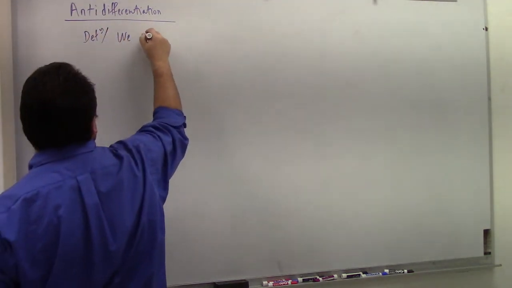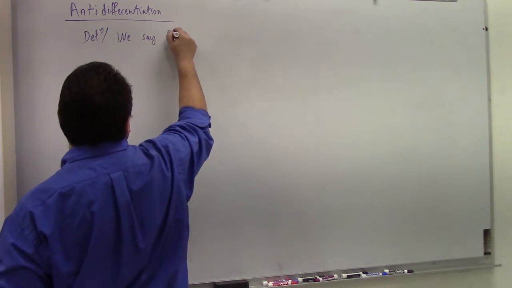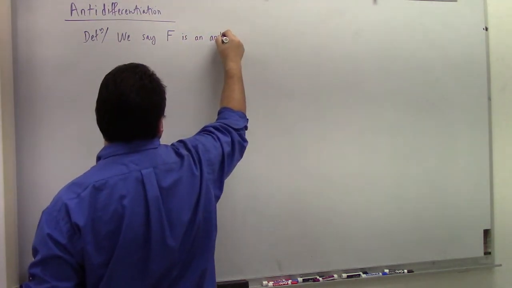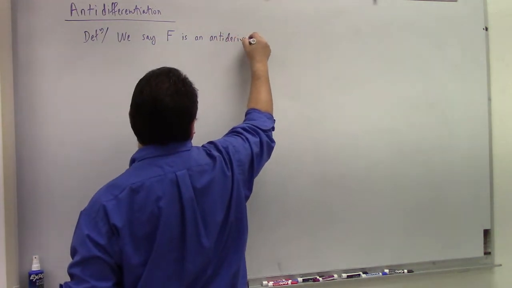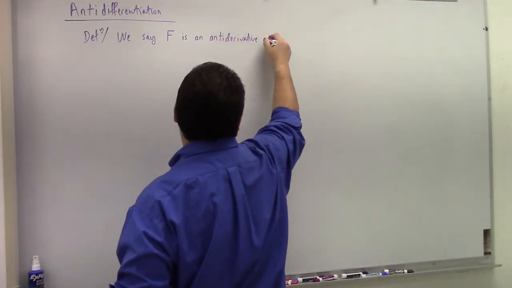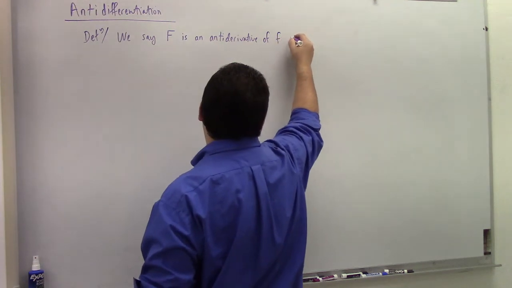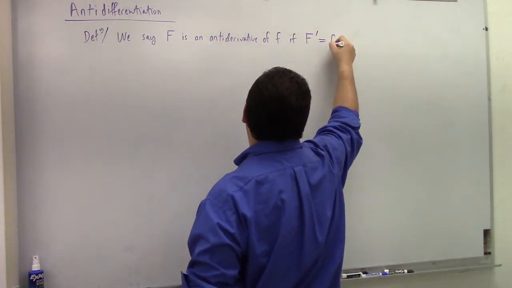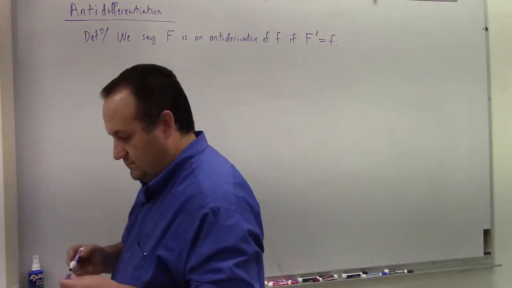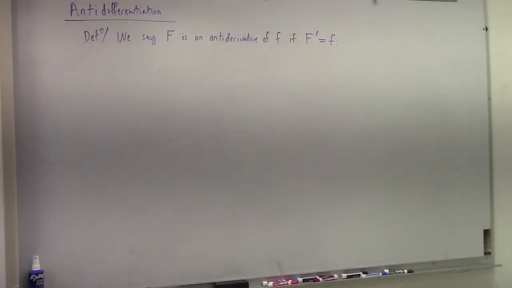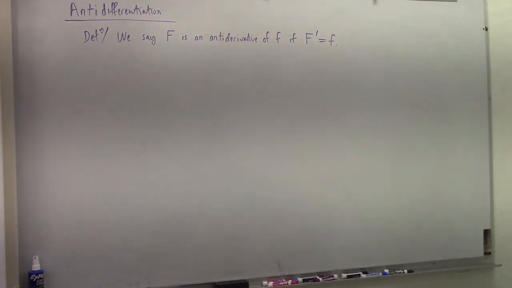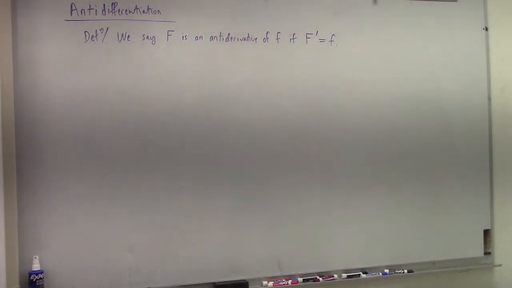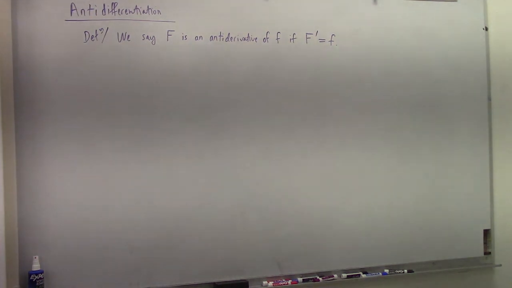We say big F is an antiderivative of little f if big F prime is equal to little f. So an antiderivative of a given function is a function whose derivative is the function.